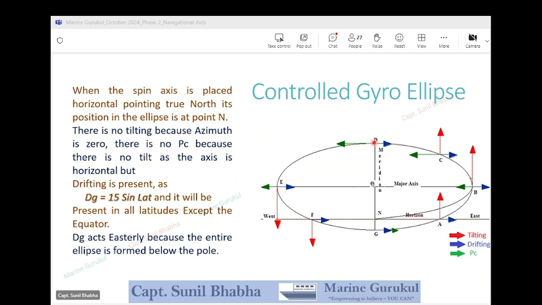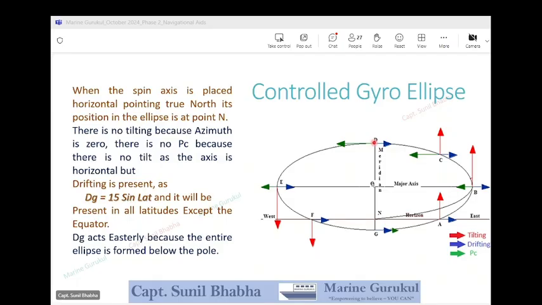Drifting vector is the same as it was at any point on the ellipse, easterly with a certain magnitude. But the control precession vector is the most powerful, is the strongest at this point. Why it is the strongest? Because the tilt is maximum at this particular point and control precession is proportional to tilt.